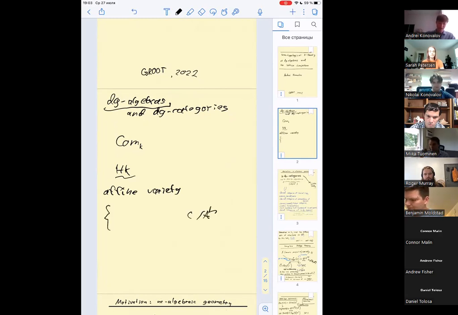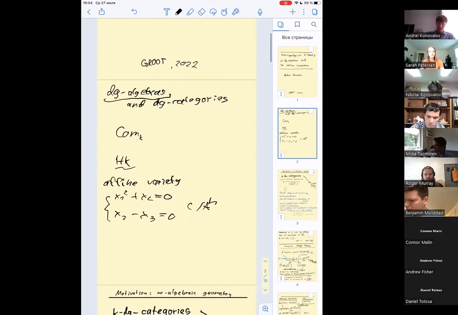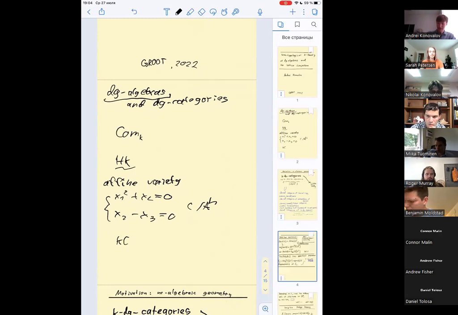So you have some equations like x1 squared plus x2 equals 0, or x2 minus x3 equals 0. Then you have the corresponding ring of functions. For example, if this lives in A3, then this ring of functions will be, sorry, let me check.